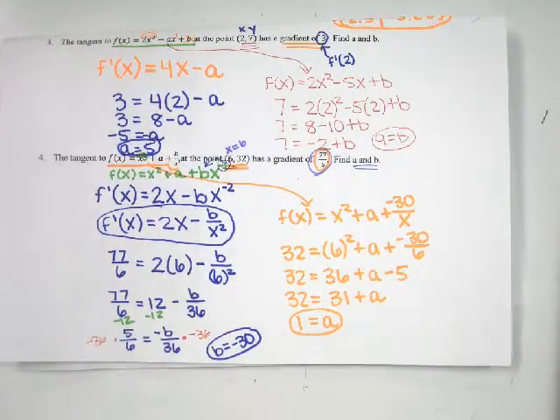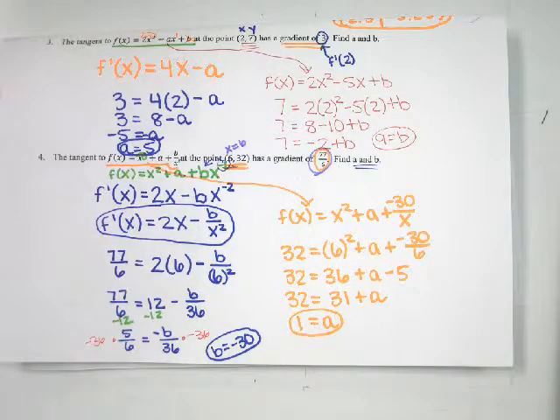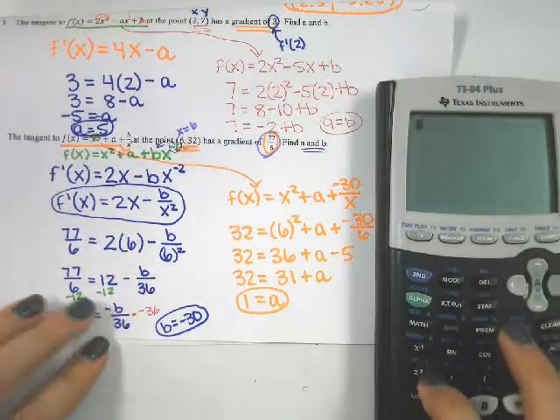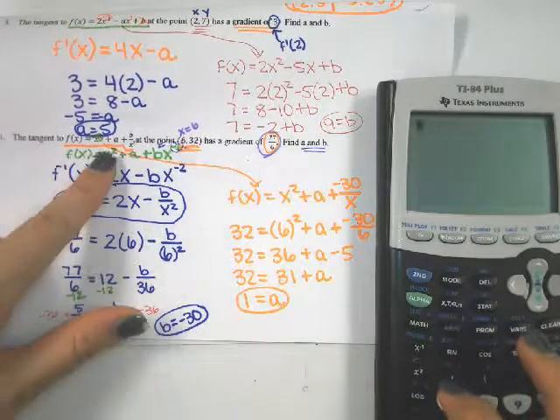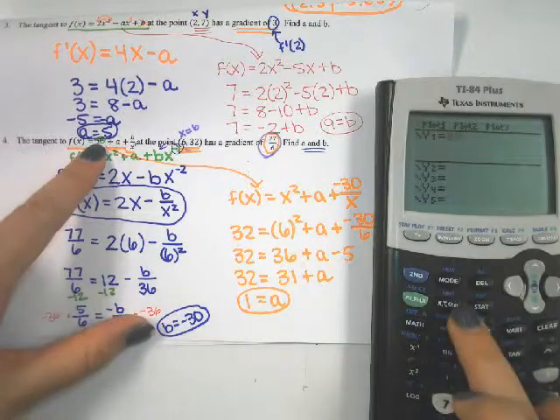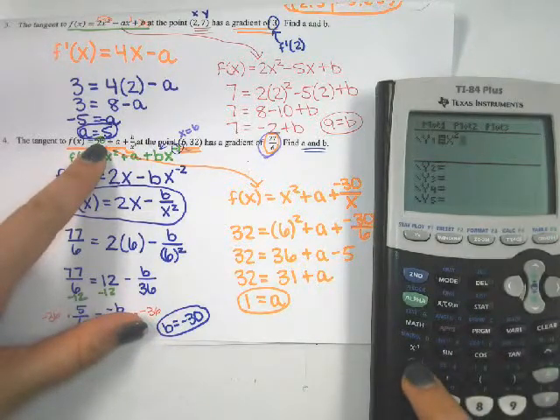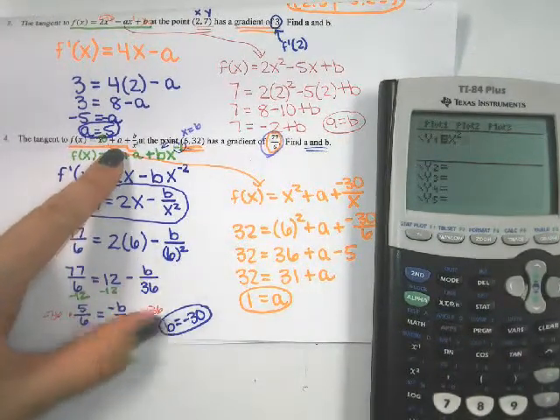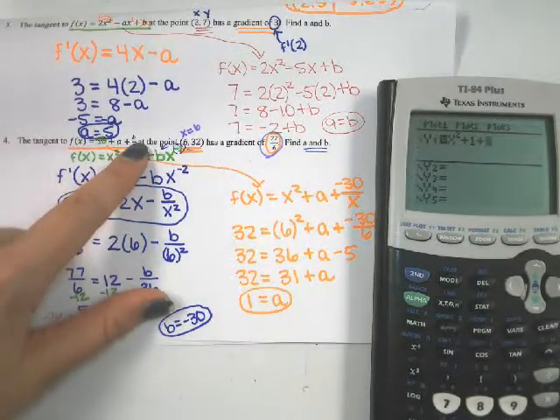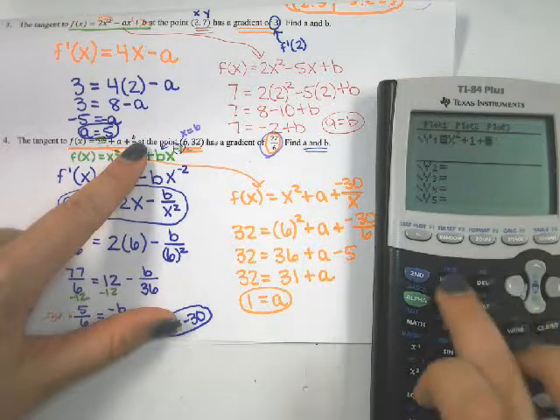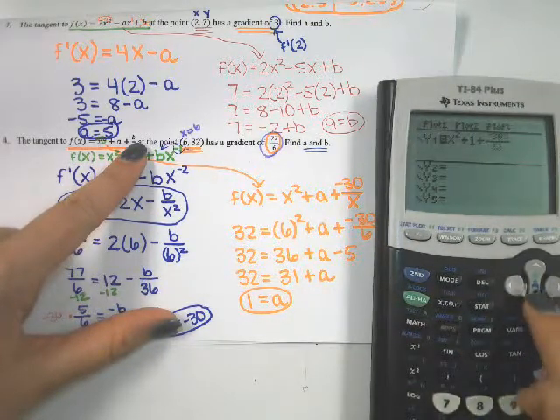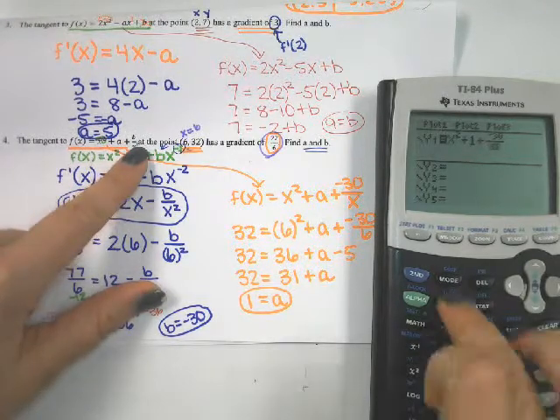So we found a and b. Once again, double checking is always a great idea if you have the information to do that. So I'm going to take my a and b values and plug them back into the original function and see what happens. So we've got x squared plus a, so plus 1, plus b, which is negative 30, negative 30 over x.